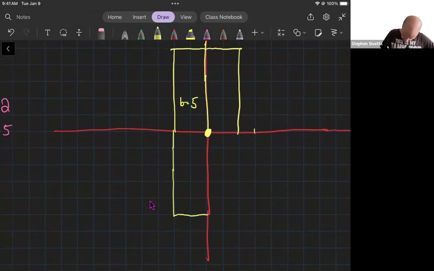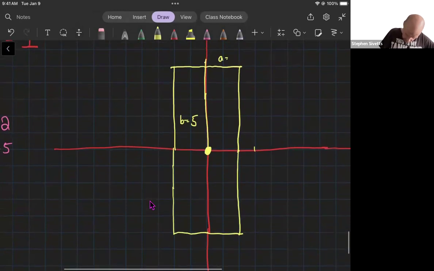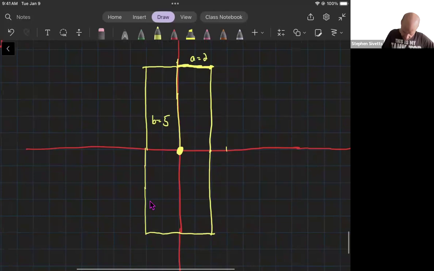So this is your box, right? This length here is where a is 2, b is 5.